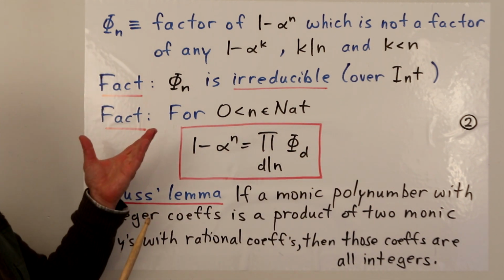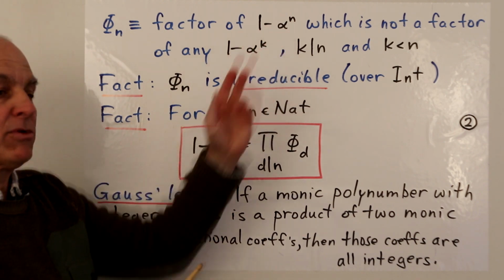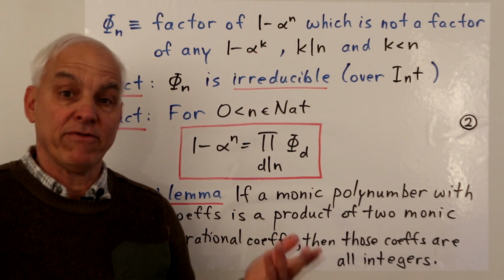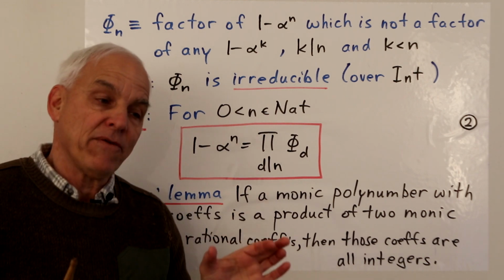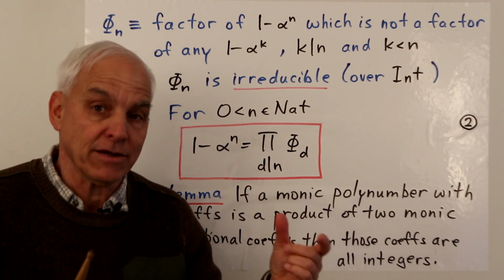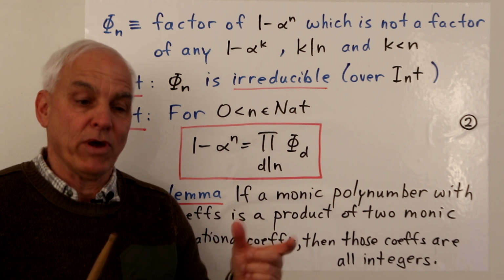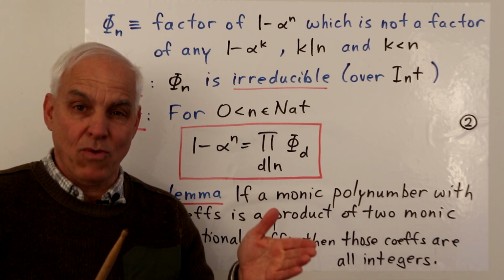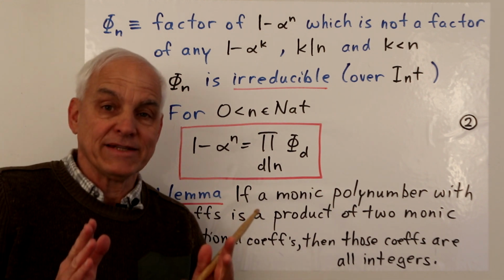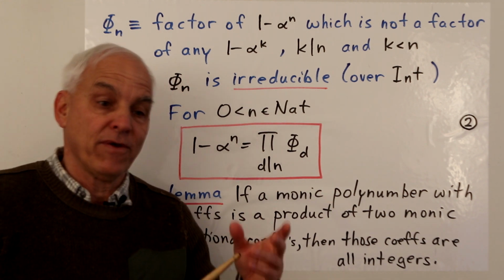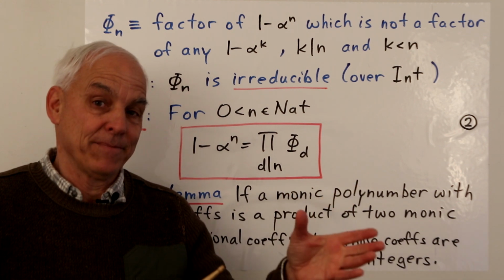So if you look at, say, two such polynumbers, let's say 1 minus alpha to the 7 and 1 minus alpha to the 21, 1 minus alpha to the 7 is going to divide 1 minus alpha to the 21 because 7 divides 21. That's a pretty easy consequence of the fact that 1 minus alpha is always a factor of 1 minus alpha to the n.